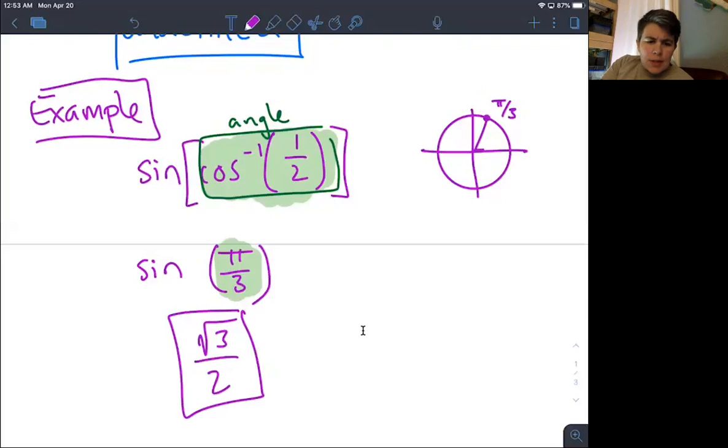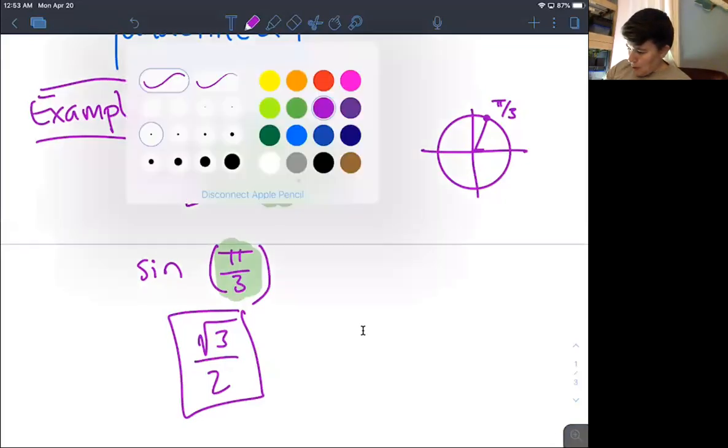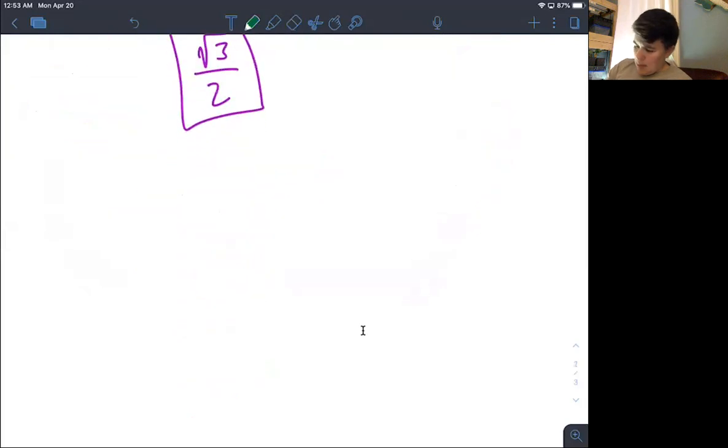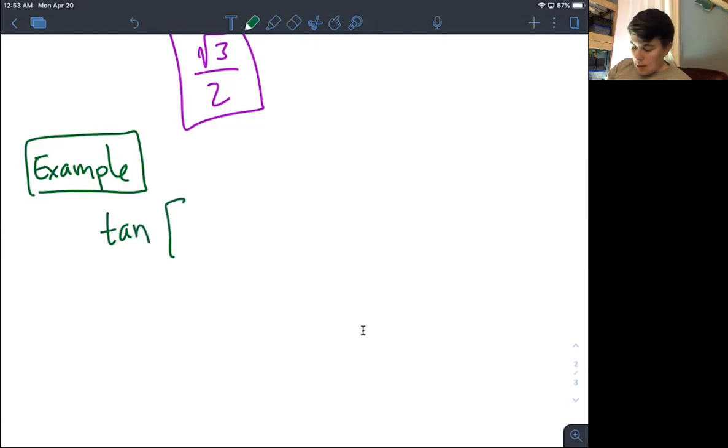Okay, let's do another one kind of like that where we're mixing up trigonometric functions in the same problem. Example. Let's try this one on for size. Let's do the tangent of the inverse sine of -1/2.